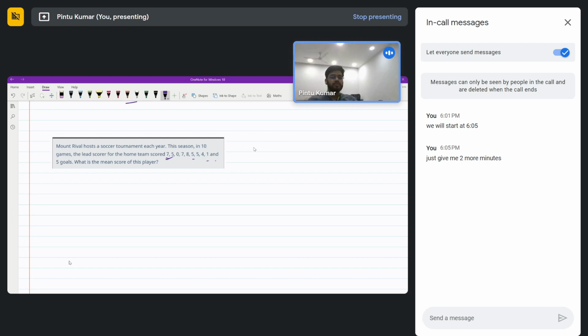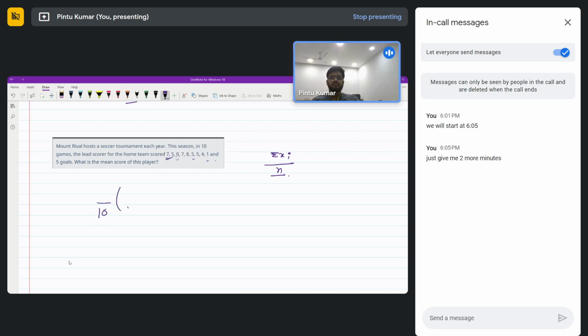So how do you calculate mean? You just take the sum of these numbers, summation xi, divided by the number of points. There are 10 points, so the denominator would be 10. And what is the sum of the numbers?